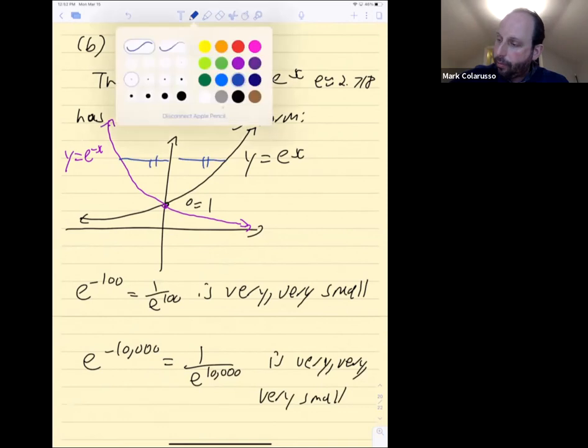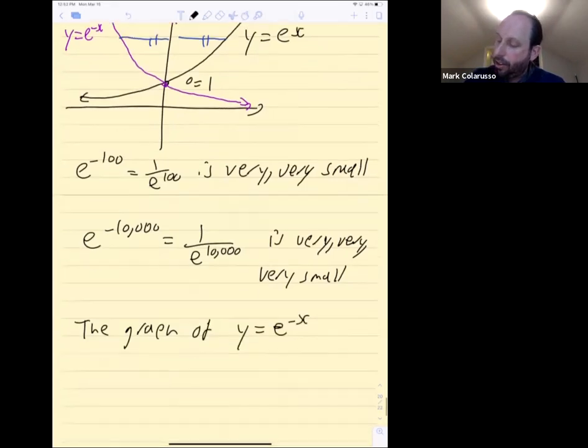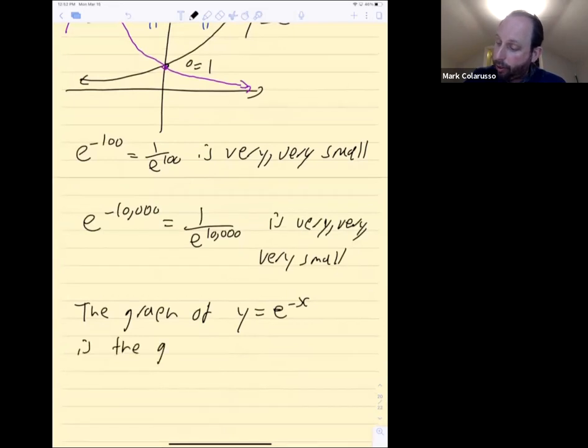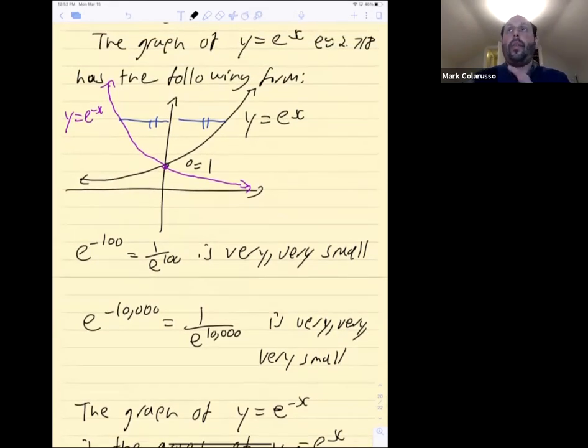So the graph of y equals e to the minus x is the graph of y equals e to the x reflected about the y-axis. So you probably learned that in Math 112 or some other class, that the transformation that maps f of x to f of minus x just reflects the graph about the y-axis, and that's what this is doing.